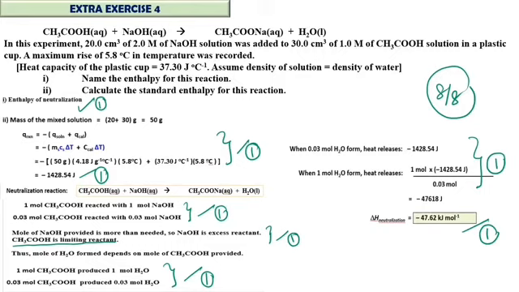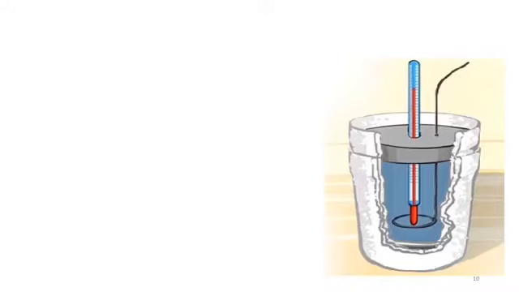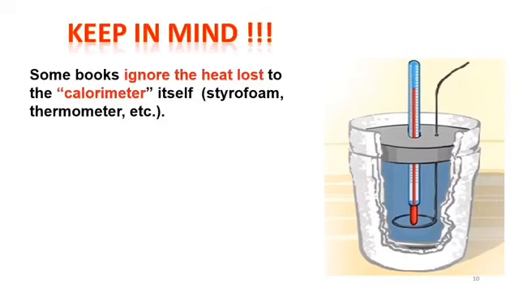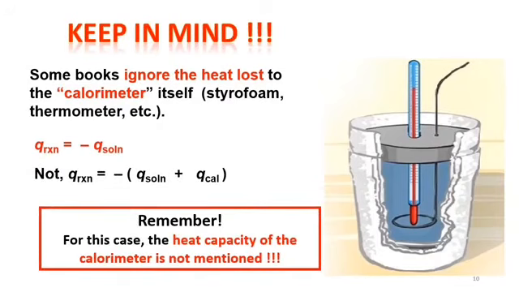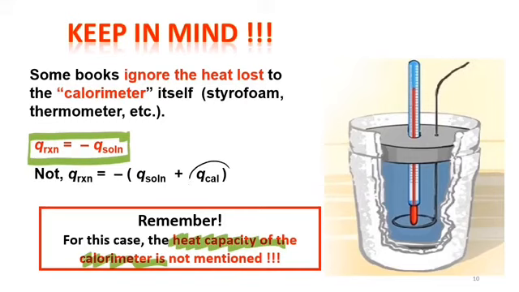Sama je. Alright. So, seterusnya tengok. Keep in mind, sama macam kita punya bomb calorimeter. Okay. If the question not mention about the heat capacity of the calorimeter, so maksudnya kita boleh gunakan terus formula Q reaction equals to negative Q solution. Kenapa? Because the value of the Q cal ni dah include in the Q solution.